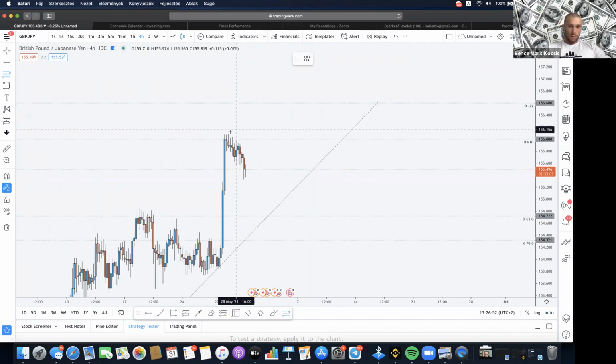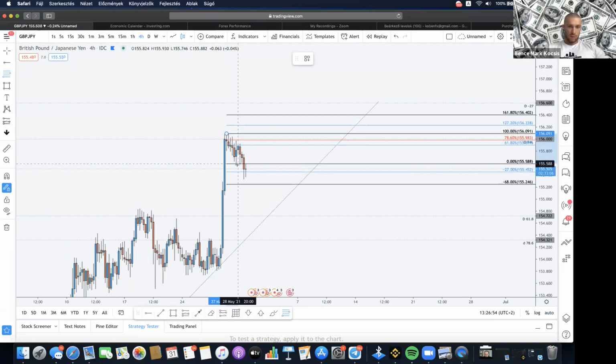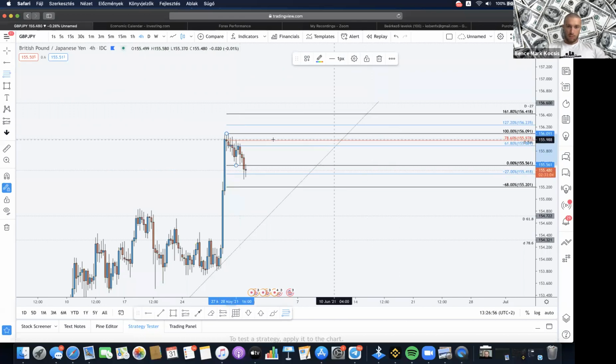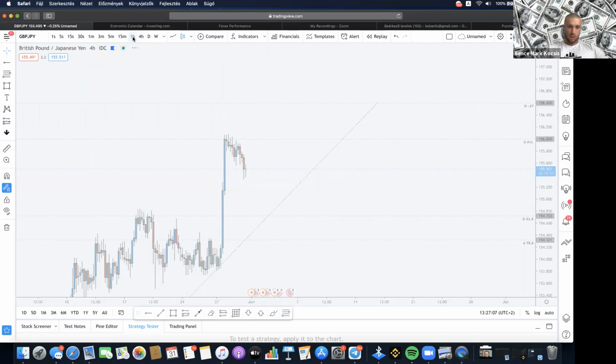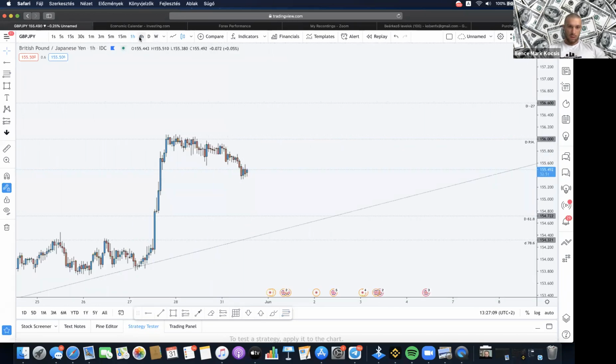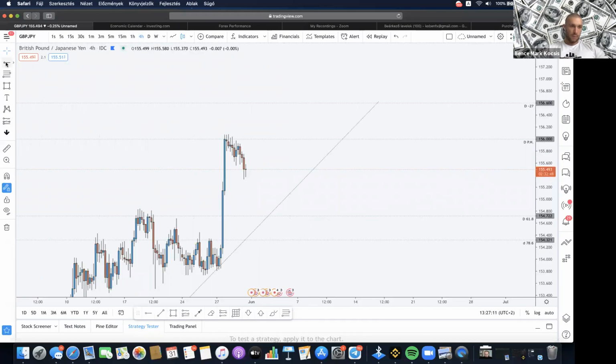Let's have a look at the Fibo. You can see the price came back to the 78.6 perfectly, then made the final move. What is the minus 27? At this point, I think we can expect something really similar to GBP/AUD, so some pullback.